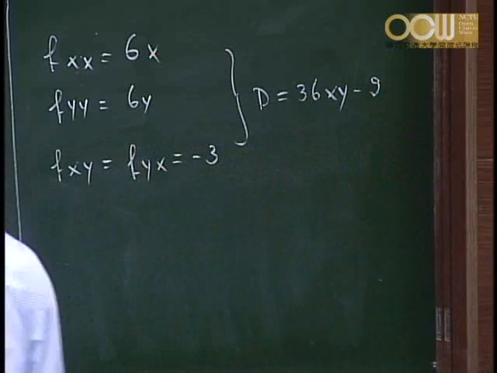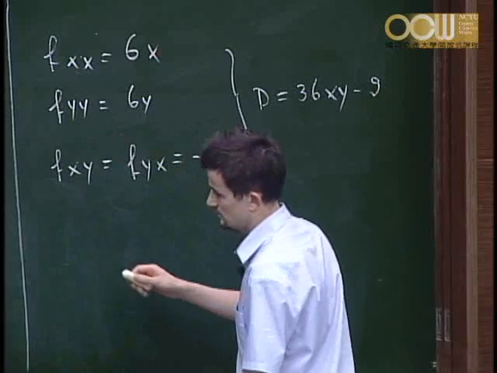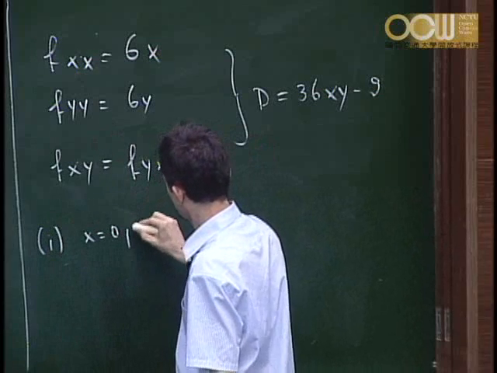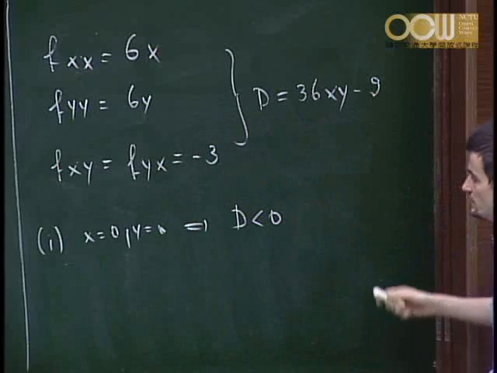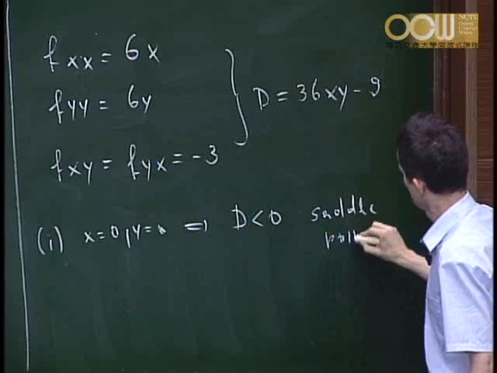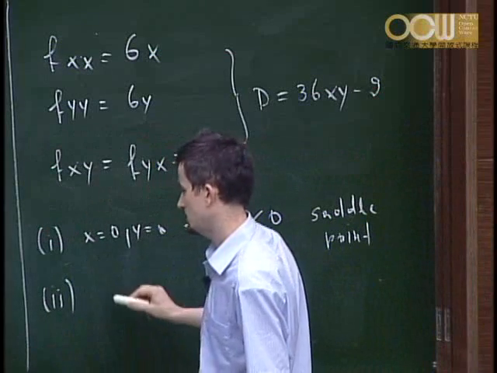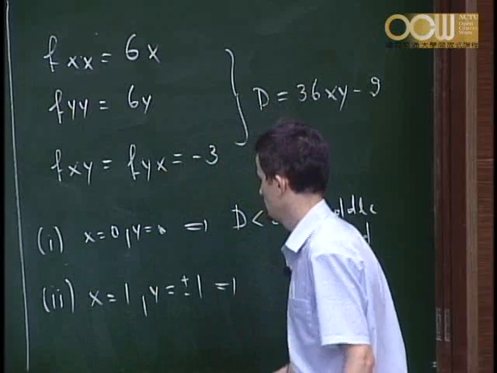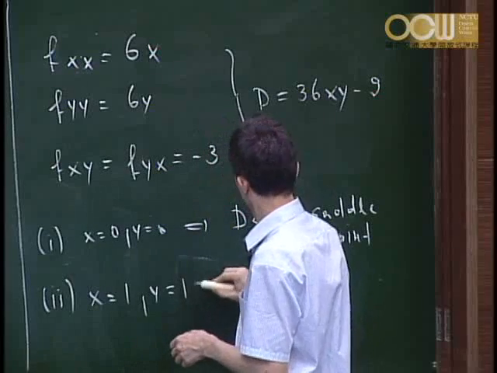So for the first point, x is equal to 0, y is equal to 0, D is smaller than 0. So here you have a saddle point. Then the other one is x is equal to 1, y is equal to plus 1.